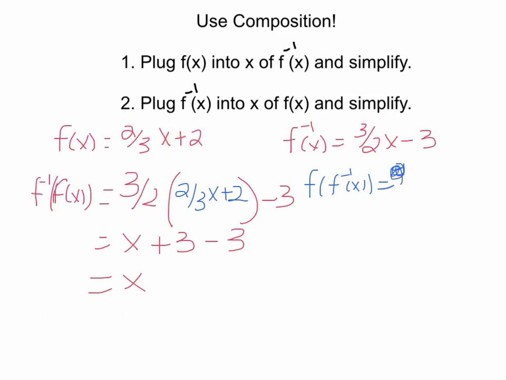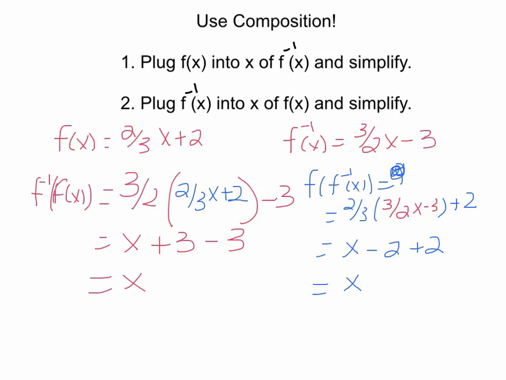That's a 2. And then we're going to plug in that inverse. And we still have this plus 2 here. All right, then we distribute, we're simplifying this. We just end up with x minus 2 plus 2, and that ends up being just x.